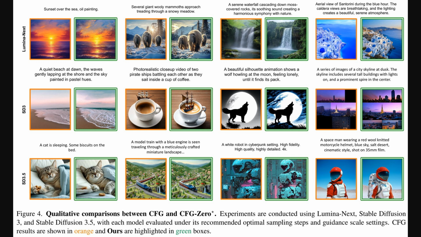Similar to Figure 1, it directly compares standard CFG, shown in the orange boxes, against the proposed CFG-Zero method in the green boxes. And generally, looking across these different examples, the images generated using CFG-Zero seem to show richer details, sharper textures, and maybe fewer artifacts, suggesting the benefit holds up across different models and creative prompts.